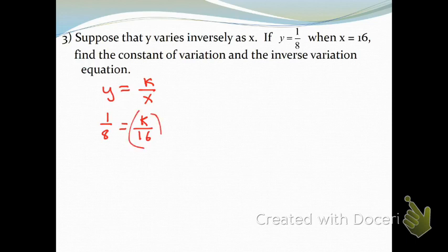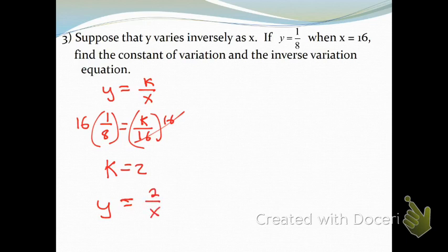Well, I just multiplied both sides by 16, right? And what's my constant of variation then? Be what, guys? 2. So k is 2. And then after you know k, give me the equation. It would be y equals 2 divided by the x value. Cool?